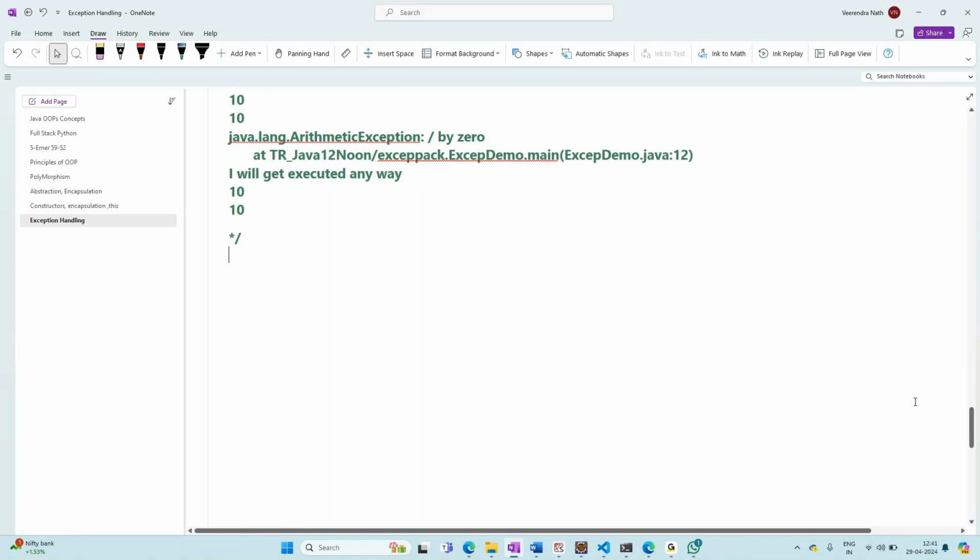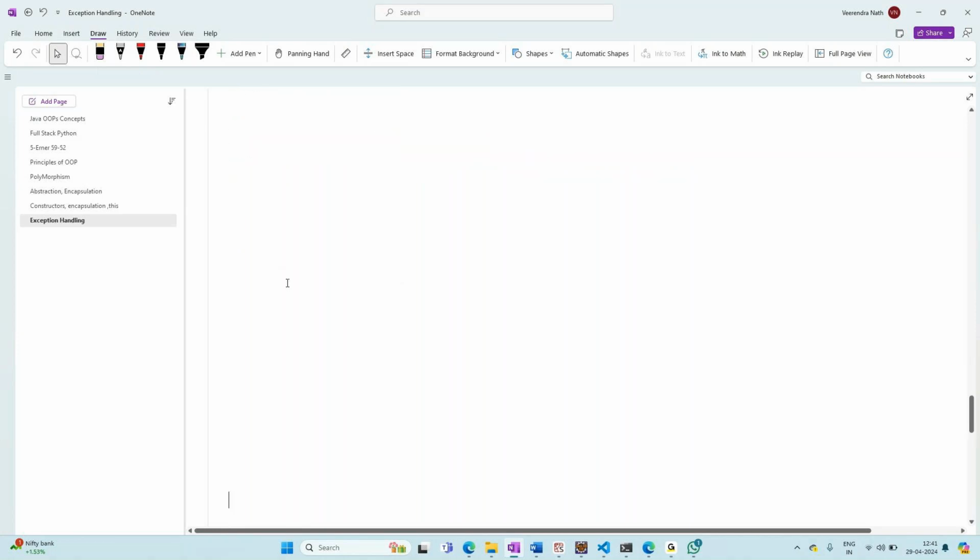Now let's understand how we can deal with the throw and throws. First we'll talk about the throw keyword. What is this keyword going to tell you?